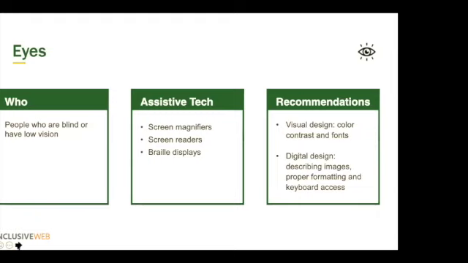So in your digital design, making sure that images are described through alt text and things like that, making sure that under the hood, the formatting of your digital product matches what it actually looks like. And keyboard access, making sure that everything that you can click on can be accessed by the keyboard using the tab key and then spacebar or enter to activate.